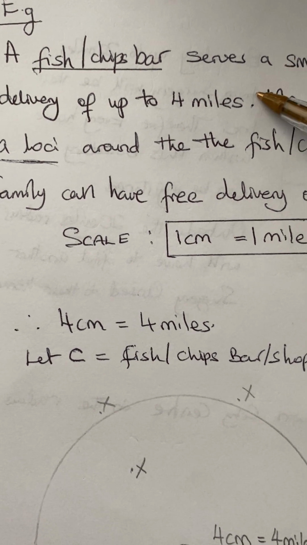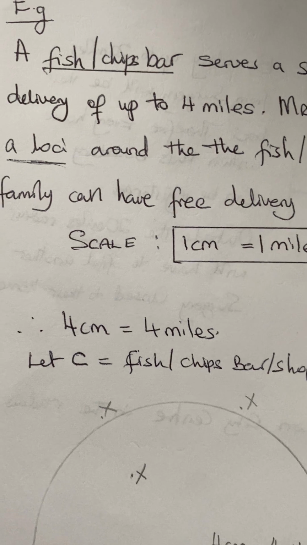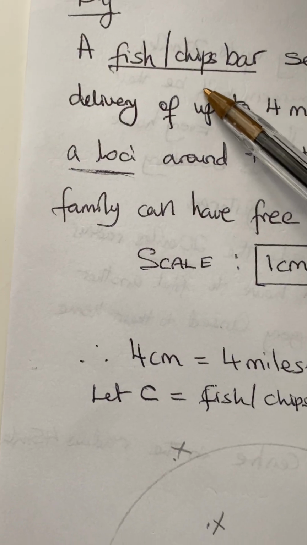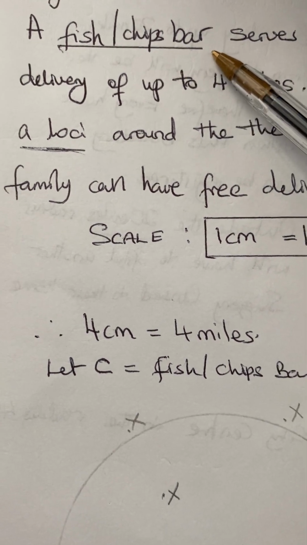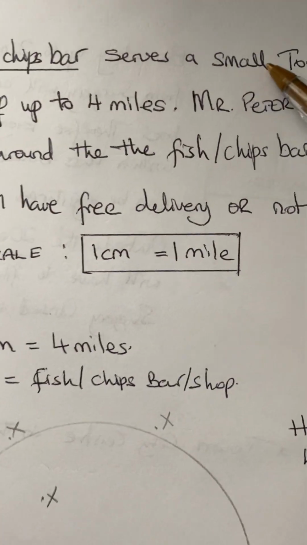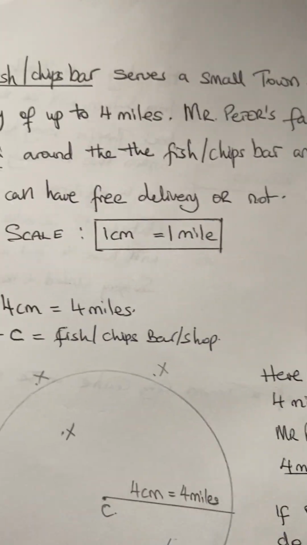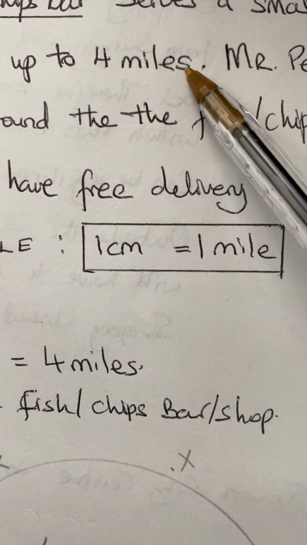Even the people who apply it, I don't think they understand that this is what they are doing. Okay, let's look at it. A fish and chips shop or bar serves a small town. They are allowed free delivery up to 4 miles.